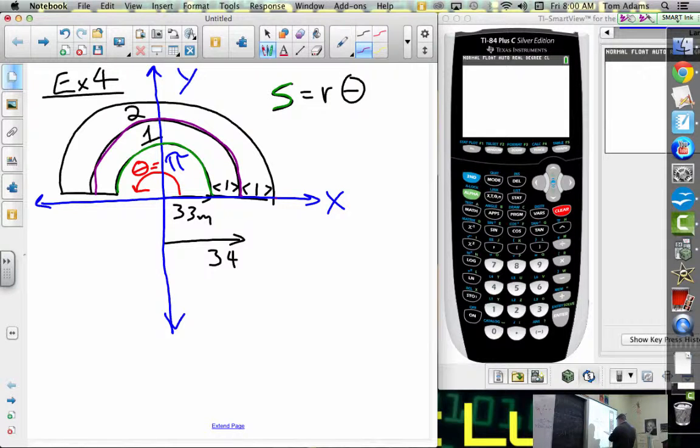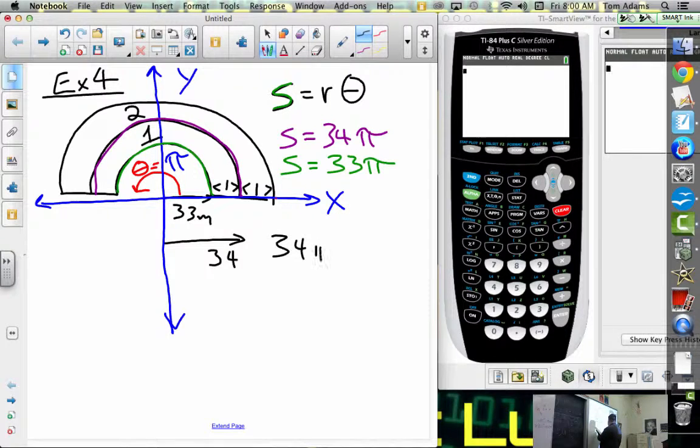Now I could do that all in one, the first arc length, or let's do the second one, it's just going to be the radius, which is 34 pi, and then if I want to do the other arc length, it's 33 pi. So to find the difference between the two, what do I do? 34 pi minus 33 pi. Yeah, that's exactly right. I'm going to say 34 pi minus 33 pi, which is just pi.